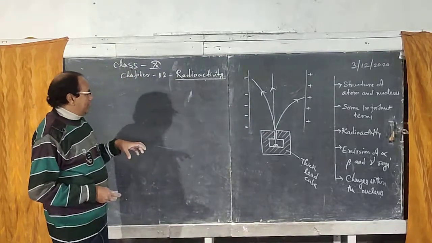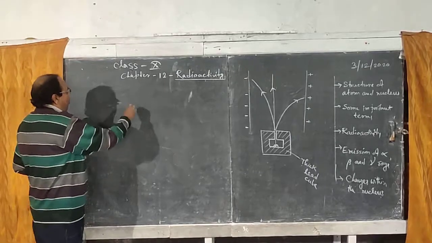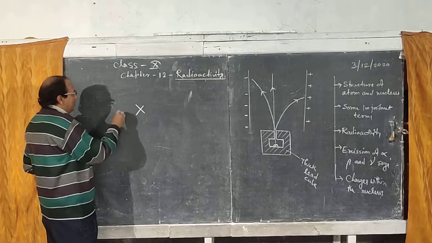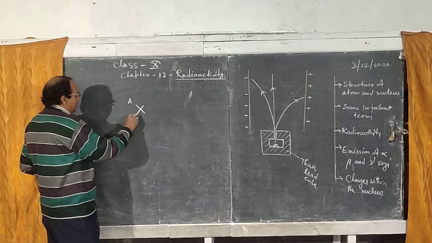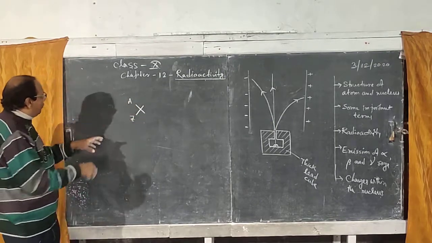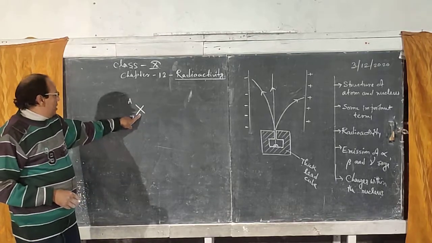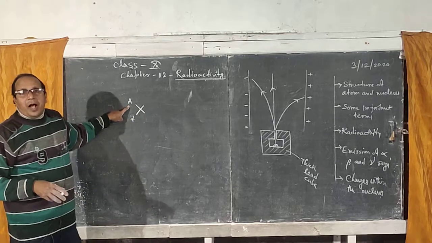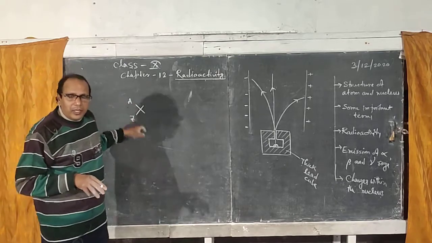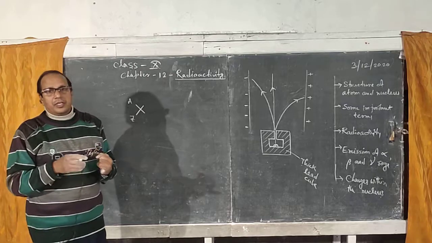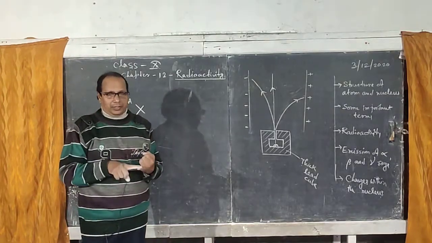Now if we look at, say, element X, with A and Z, normally we represent an atom in this way, where X is the name of the element and A is the mass number. What is mass number? It is the total of protons and neutrons in a nucleus.